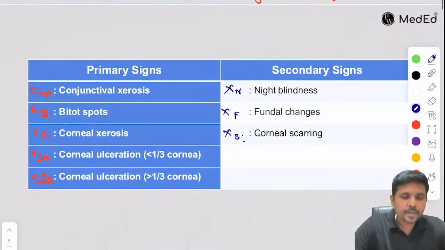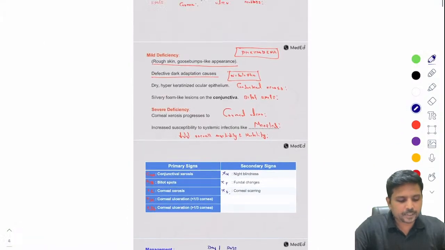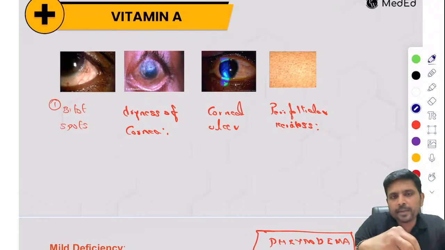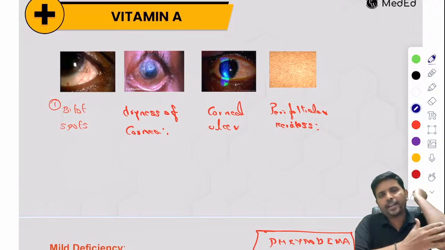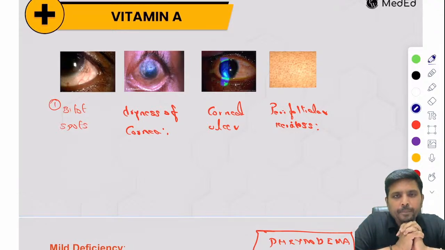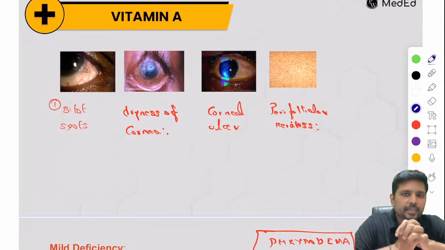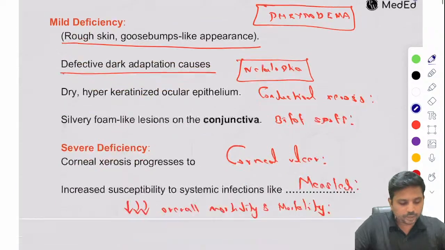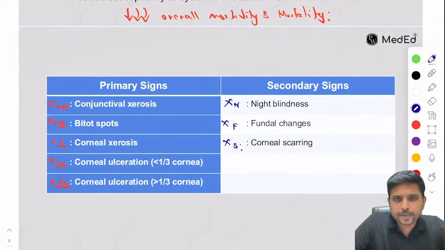As far as pediatrics is concerned, what are the manifestations of vitamin A deficiency? Phrenoderma, perifollicular keratosis, Bitot spot, conjunctival xerosis, xerophthalmia, corneal ulcer less than 1/3, corneal ulcer more than 1/3. And with respect to signs, primary signs and secondary signs, these are all the WHO signs.